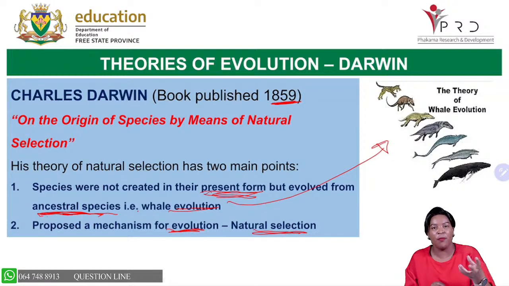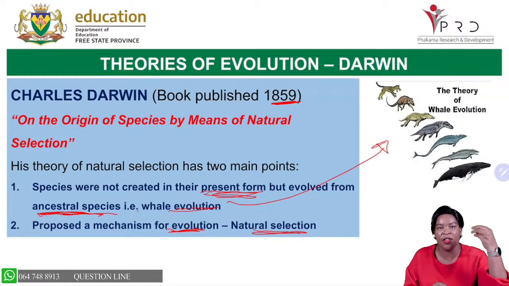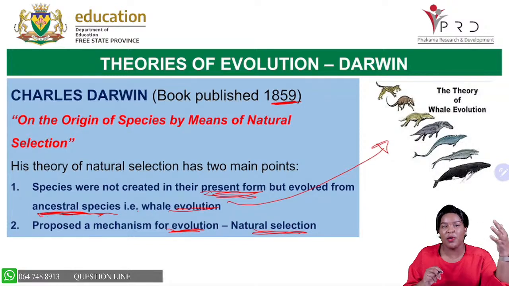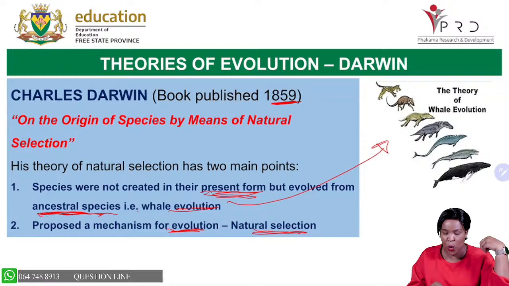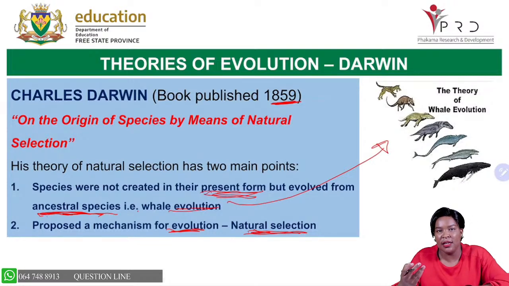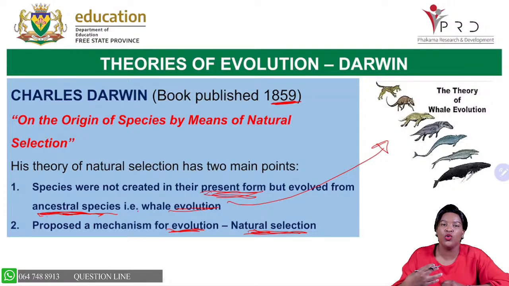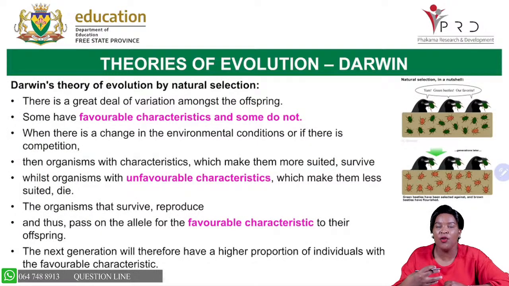This is where the environment is the selector of a suitable or favorable characteristic, and therefore that characteristic will be passed to the offspring, and therefore there is a greater generation of offspring that have that favorable characteristic. So he speaks of natural selection. You must know how he explains natural selection. You may be asked to apply it in a scenario, or you may be asked to write it as generic as it is. Please use your exam guideline to check how this theory should be explained.